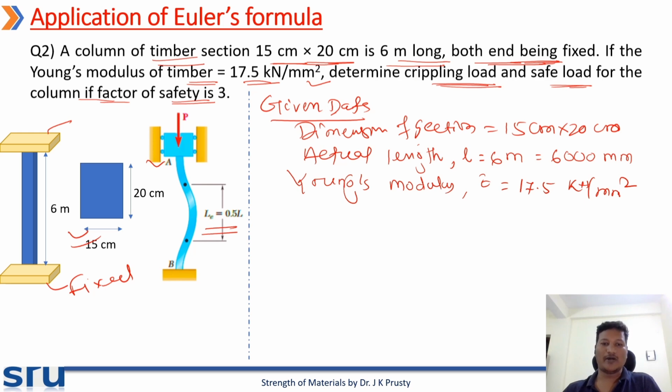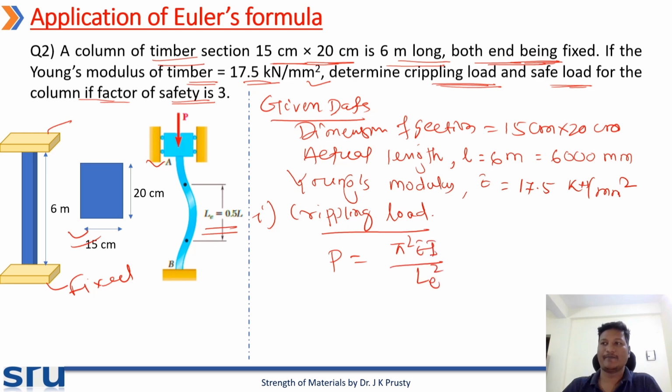So what is the crippling load? First you need to find out the crippling load, right? The formula is P is equal to pi square EI by LE square.